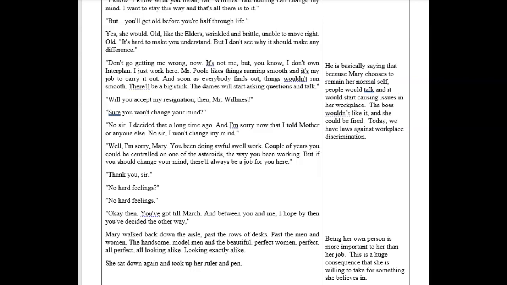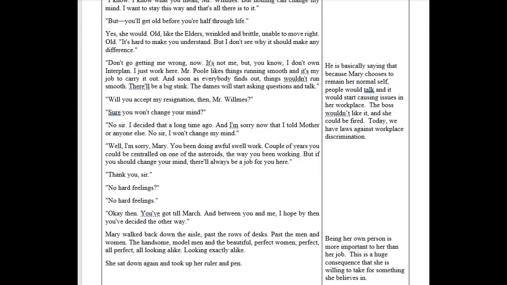So basically what Mr. Wilmes is saying is that if Mary chooses to remain normal, people would talk and people will gossip, and the boss isn't going to like that, and she could be fired for it. So, he's asking her if she changed her mind, and she just decides that she's going to quit instead because she wants to stay herself.